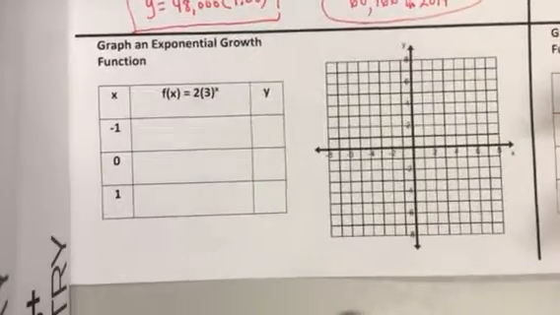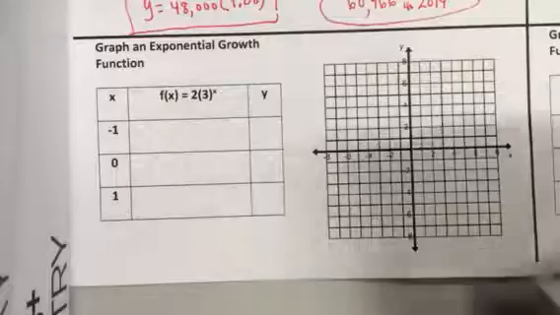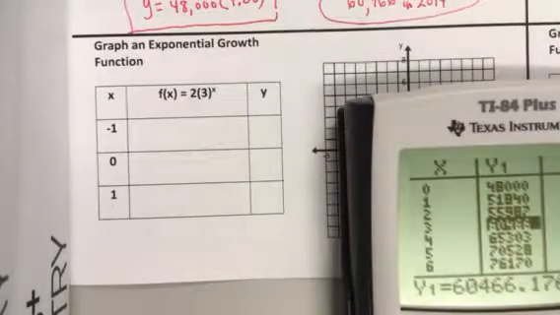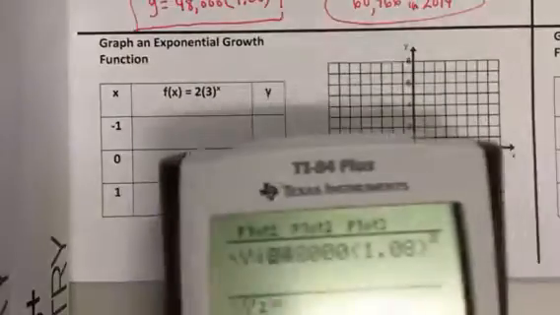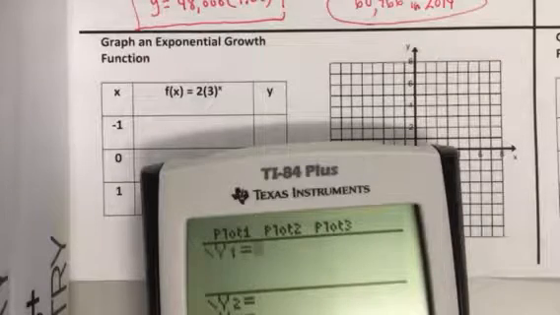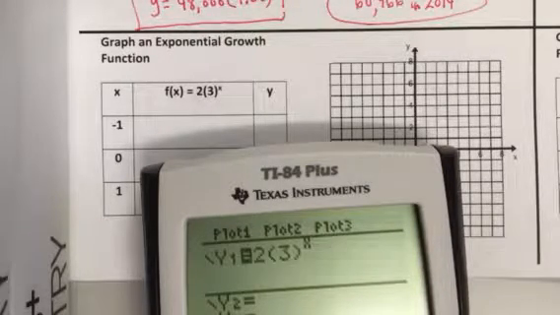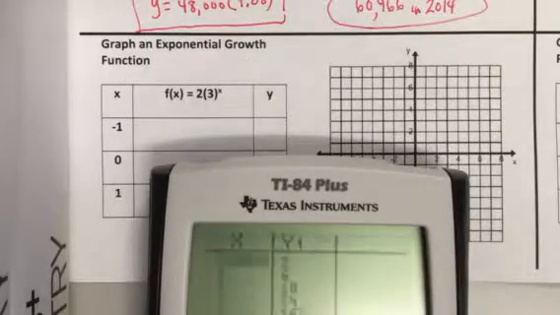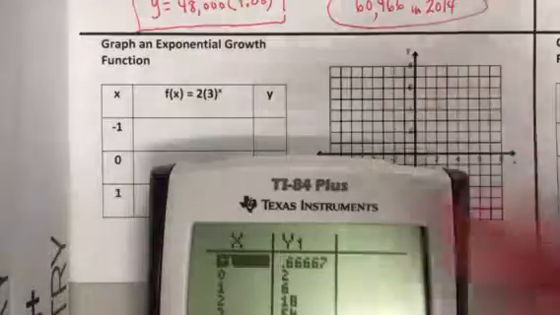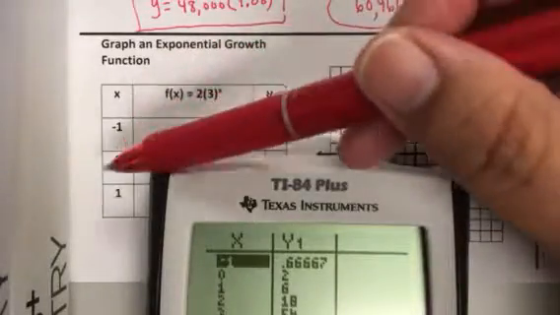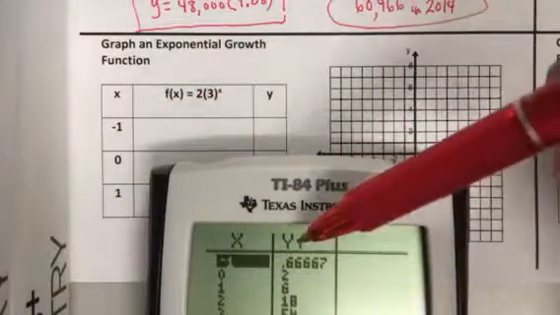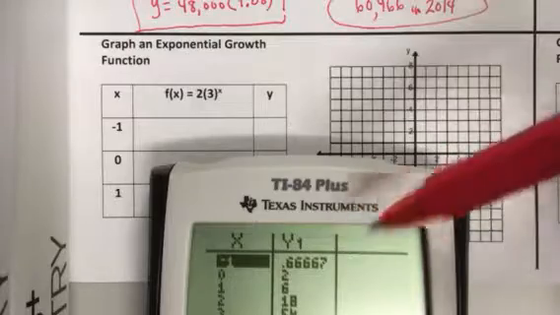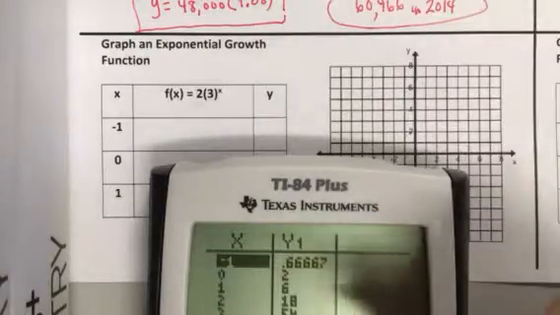All right, this time we're going to graph it. We talked about graphing yesterday. I'm going to put this in the calculator: 2 times 3 raised to the x power. I'm going to go to second graph, and it specifically wants the numbers -1, 0, and 3. So 0.6 repeated is 2/3.